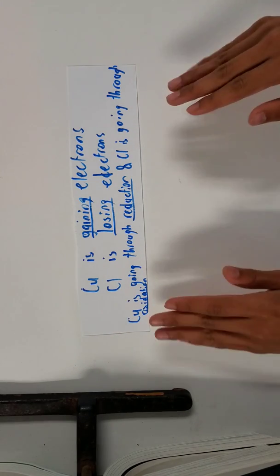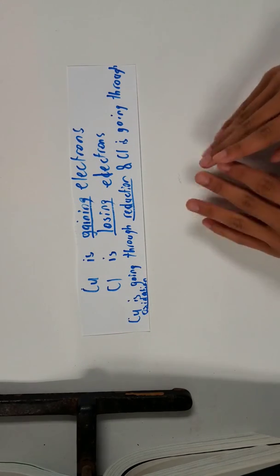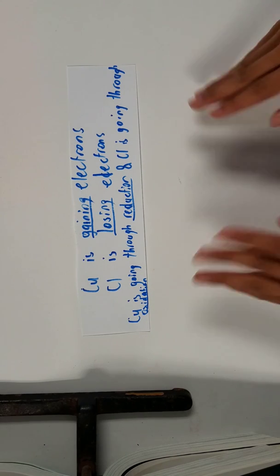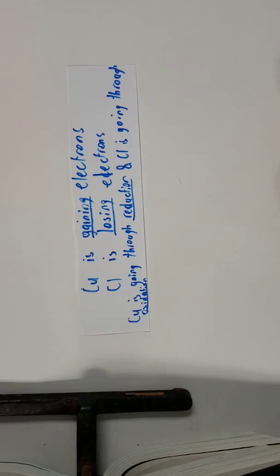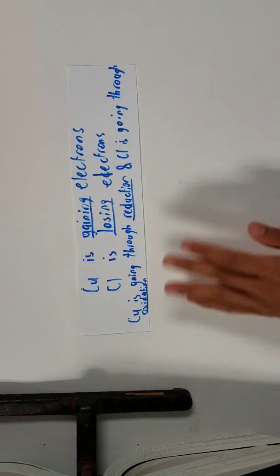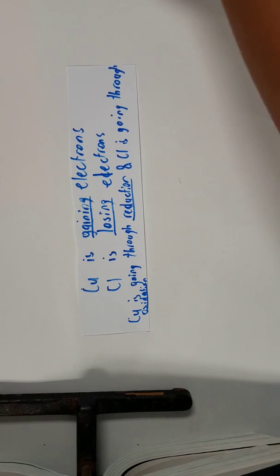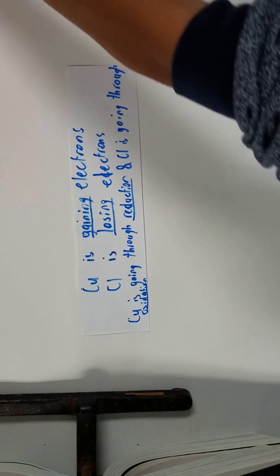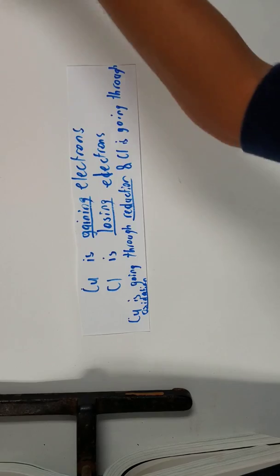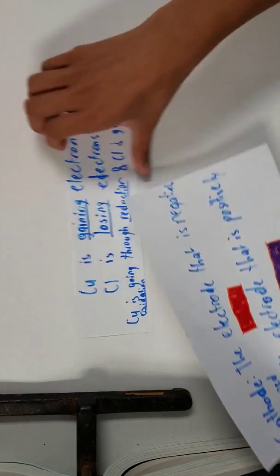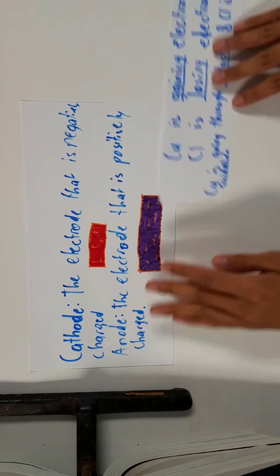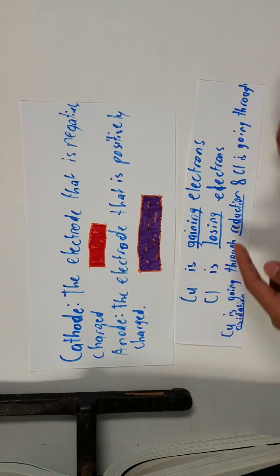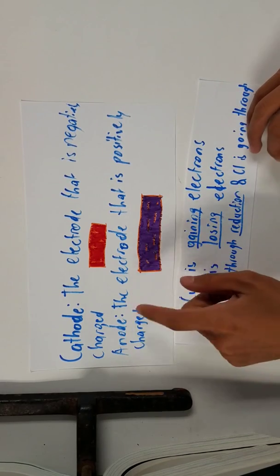Copper is going through a process known as reduction. Reduction is when an element gains electrons and becomes slightly more negative. Chlorine, however, is going through oxidation, which is losing electrons. From the definition, copper is the cathode because it's gaining electrons, and chlorine is losing electrons, so it is considered the anode.